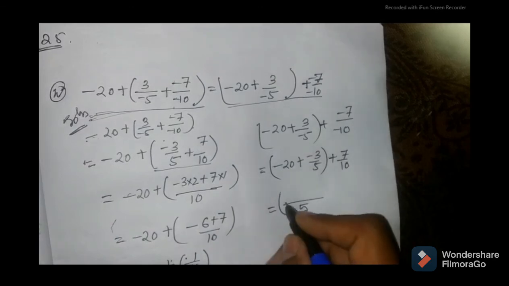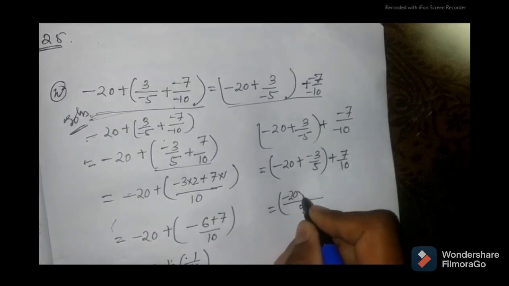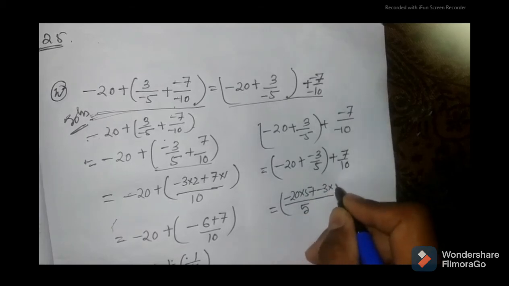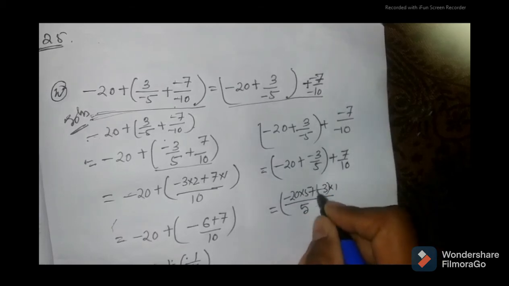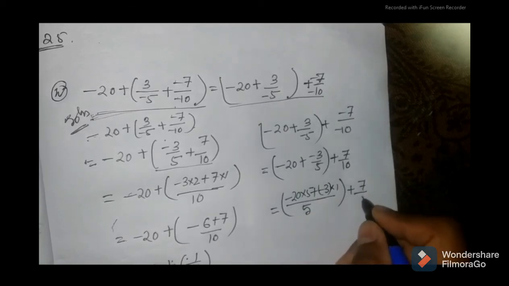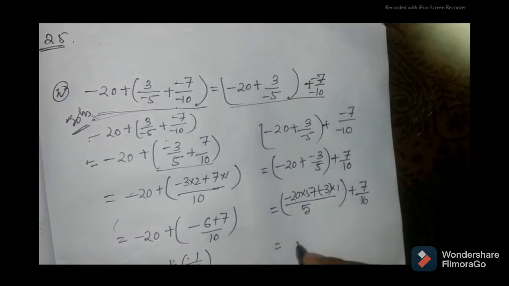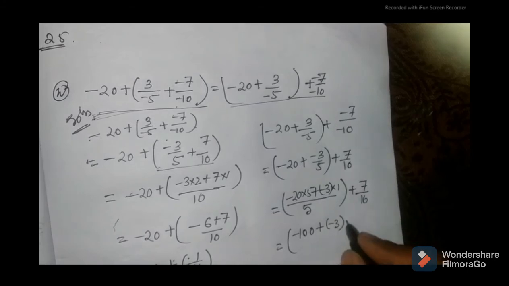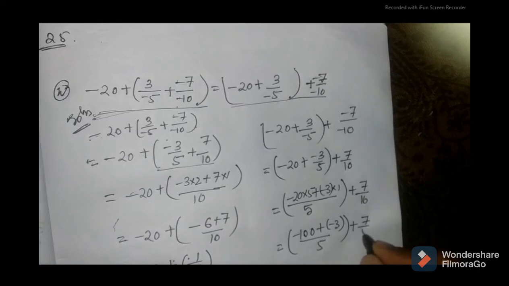Using 5, minus 20 into 5 plus minus 3 into 1, plus 7 by 10 equal to minus 100 plus minus 3 by 5 plus 7 by 10.